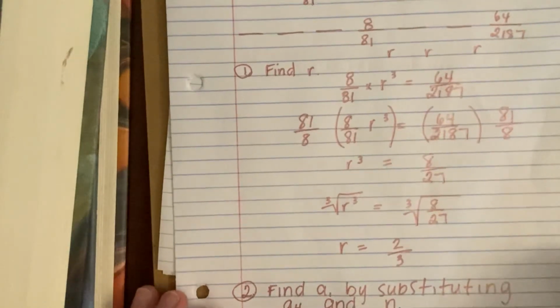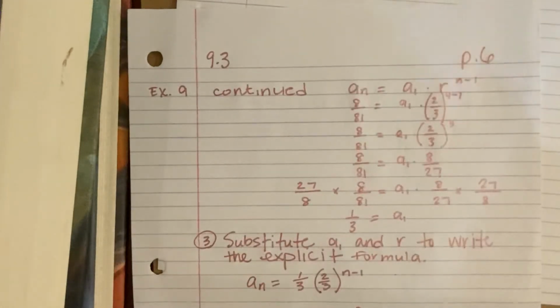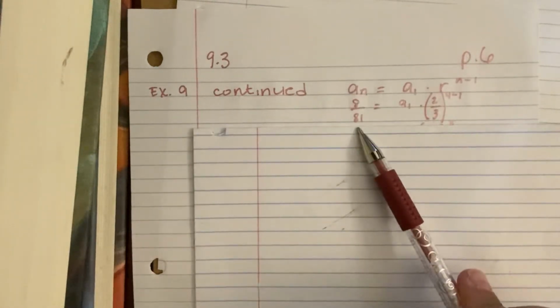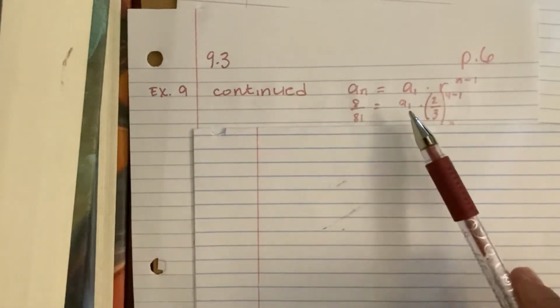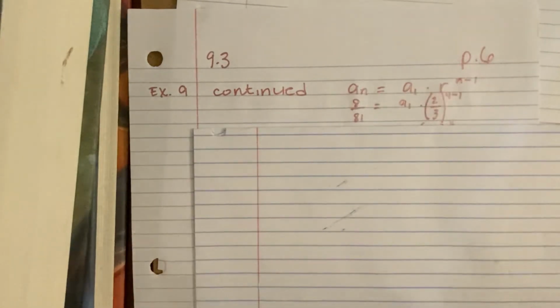Now that we have r, we're going to find a sub 1 by substituting a sub 4 and n into the explicit formula. Okay, so this was my 4th term. The 1st term, I don't know. r, we just found, was 2/3. n, since I'm using the 4th term here, n is 4.